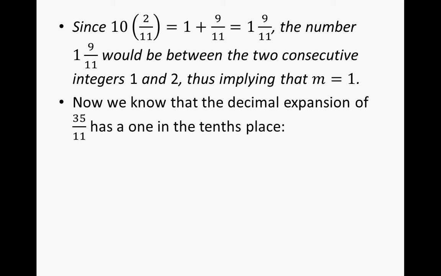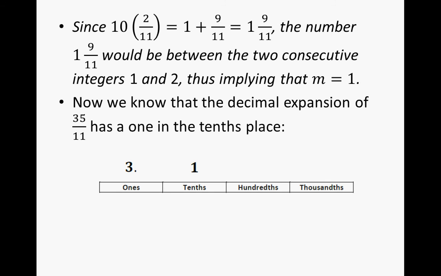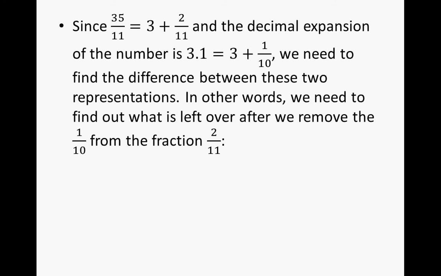So now we know the decimal expansion of 35/11ths has 1 in the tenths place. So here we have our 3 in the ones and 1 in the tenths. Let's move on to the next one. So 35/11ths is equal to 3 plus 2/11ths, and the decimal expansion of the number is 3.1, or 3 1/10. So now we need to find the difference between these two representations.